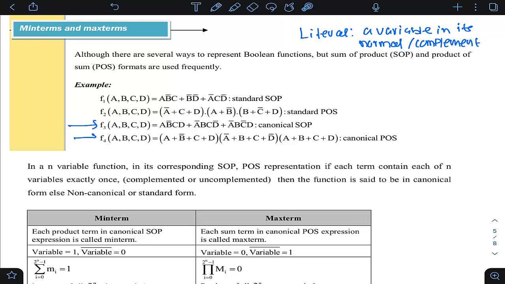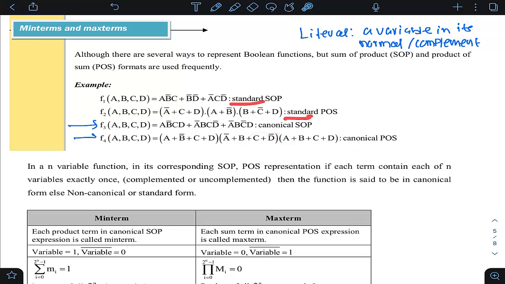So this term contains 4 literals, this contains 4 literals, and this contains 4 literals. Technically, sometimes in books they write that every term should contain all the 4 literals. That is the more specific definition. Or you can say all variables are present either in normal or complement form. The meaning is the same.